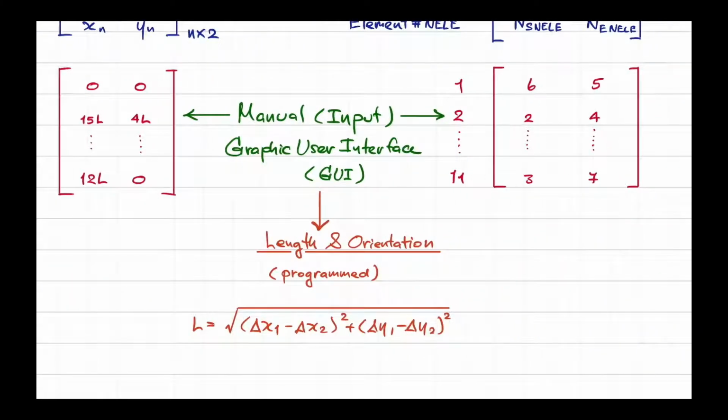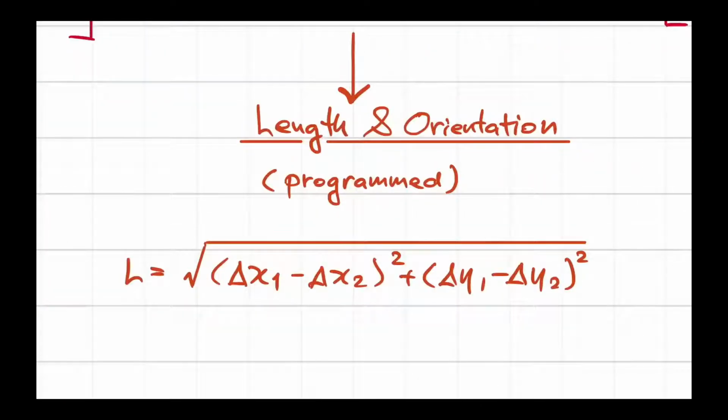I'm sorry, it shouldn't be delta. No. Let me fix this. It will be just x minus x, y minus y. It is not delta. Sorry. So x minus x, you get delta x, y minus y, you get delta y.